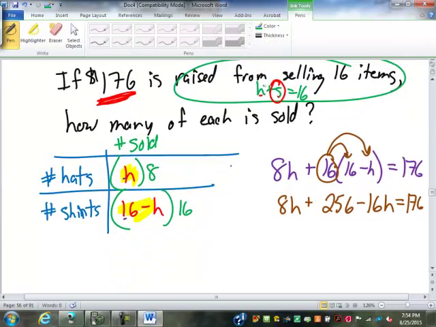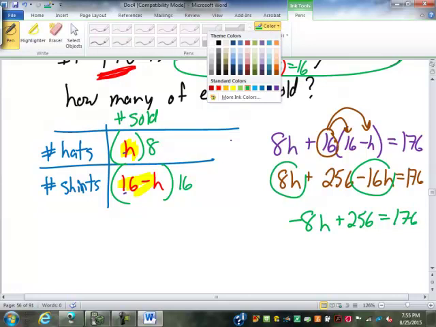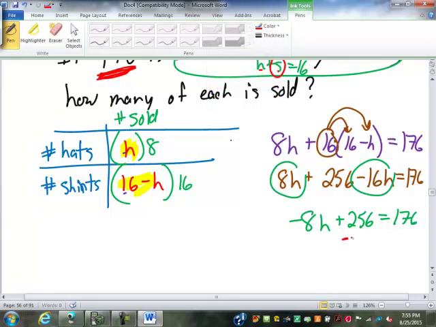Now we go to combine. On the left side, we have 8H and negative 16H make negative 8H plus 256 equals 176. What do we do from there? Subtract 256. Negative 8H equals 176 minus 256, which is negative 80.